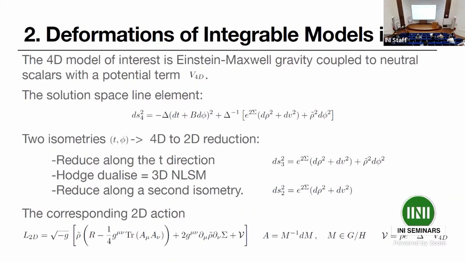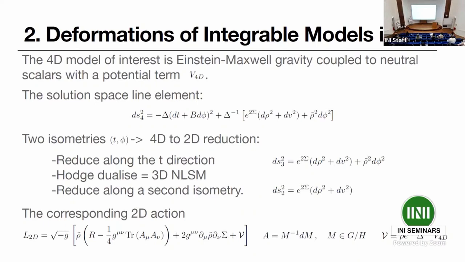And then if I want to look at the metric, the classical solution I'm looking for, the solution line element is going to take this form, or we're going to consider solutions of this particular form. So basically, here these deltas that appear also in Christina's talks are our warp factors, the B field we're going to set to 0, and then we have additionally this field sigma and this field rho tilde that's going to be the dilaton.